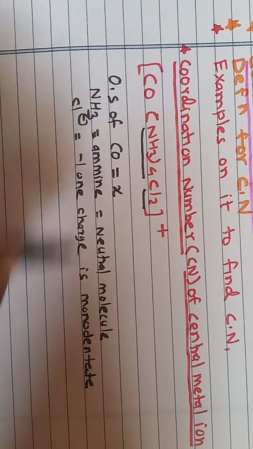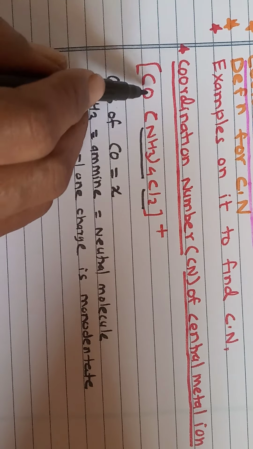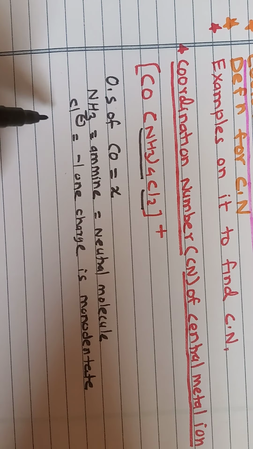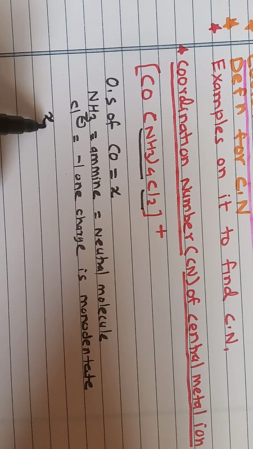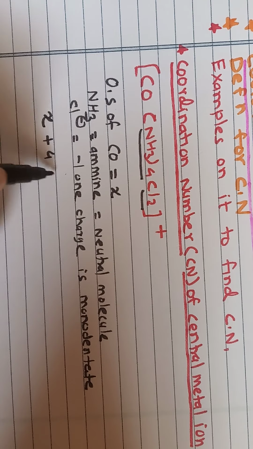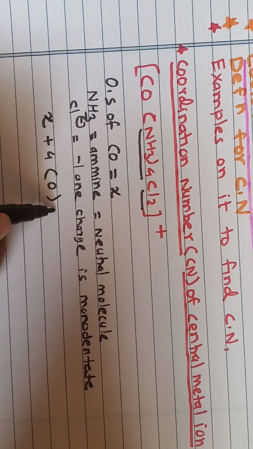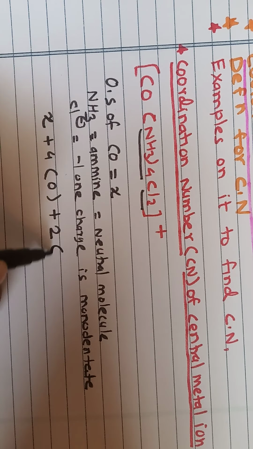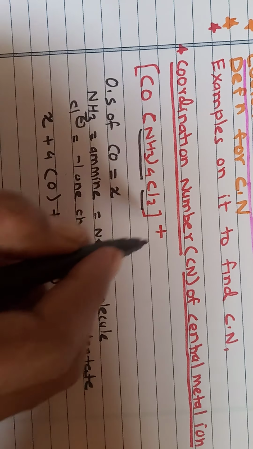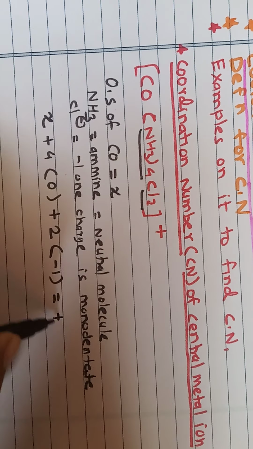In order to find out the oxidation number of the cobalt, we assume it as X, plus 4 into the charge on the ammonia, which is 0 as it is a neutral molecule, plus 2 into the charge on the chlorine, that is -1, is equal to the total charge, here +1.